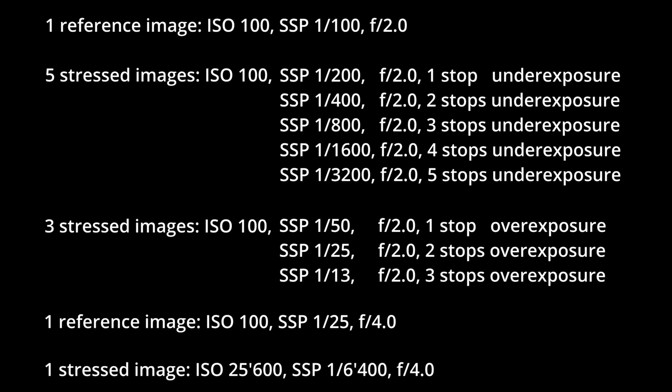And we have all in now 5 stressed images. Stressed was the attribute I used in that little presentation before. 5 stressed images with respect to underexposure, 3 stressed images with respect to overexposure on both categories with full stop steps, and we have 1 stressed image with an ISO of 25,600 in order to see high ISO behavior.